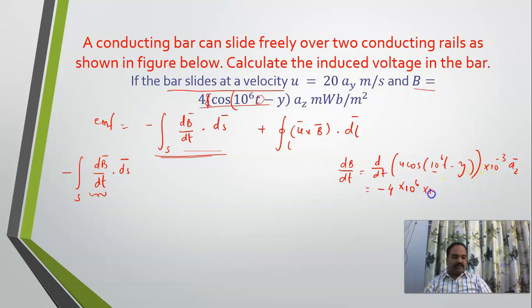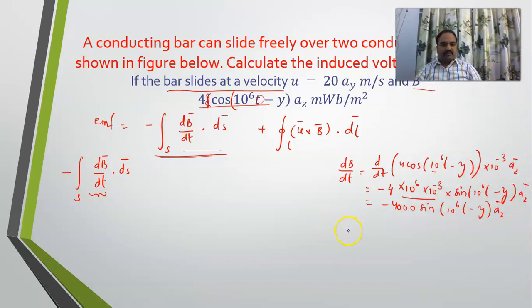Already there is 10 to the power of minus 3, into sine of 10 power 60 minus y az bar. So this will become 1000. So I can write it as minus 4000 sine 10 power 60 minus y az bar. Okay.